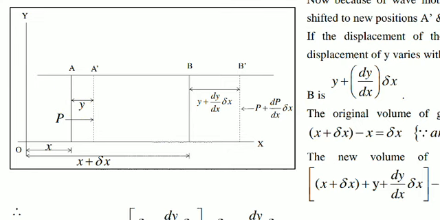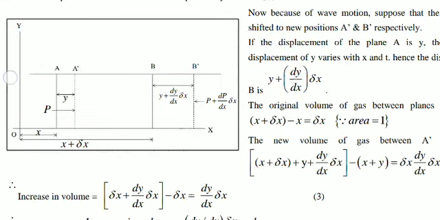Again, we will consider the pressure. Because the sound wave has propagated, it has created a change in the density, and because of that there will also be a change in the pressure. The pressure at plane A is represented by P, and therefore the pressure at plane B dash is represented by P plus dP by dx into delta x.